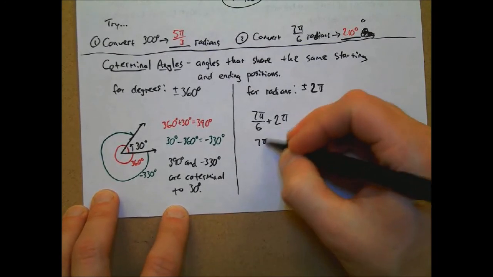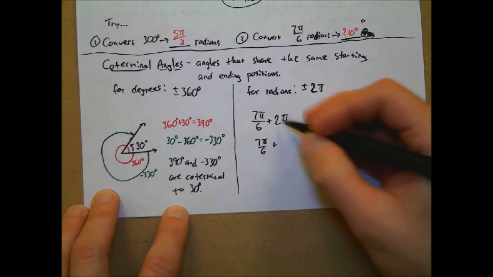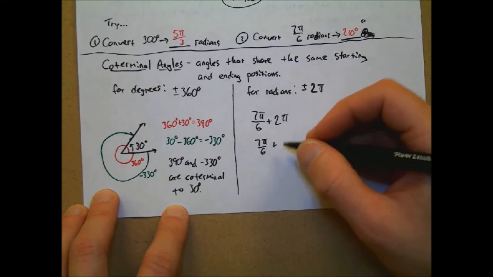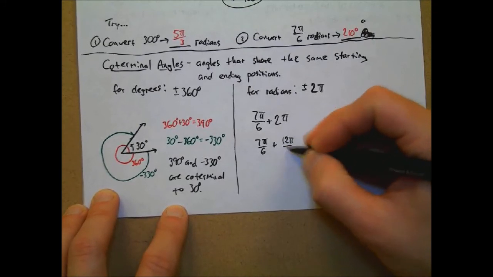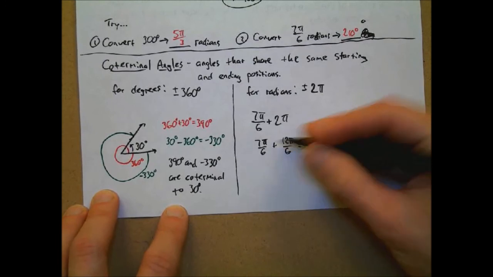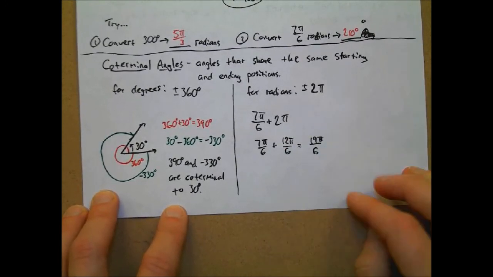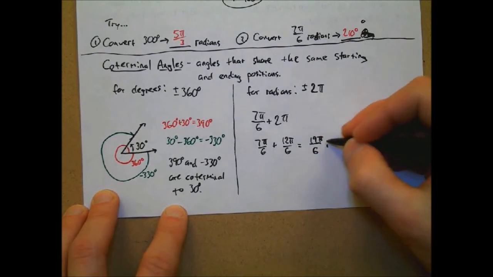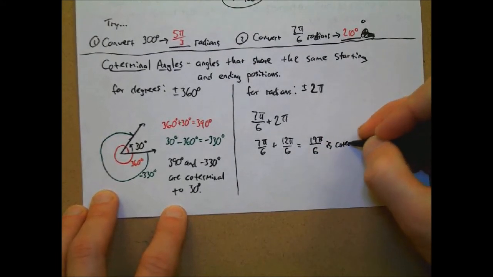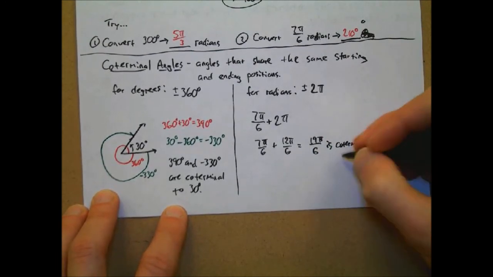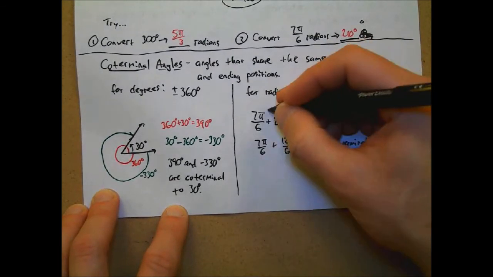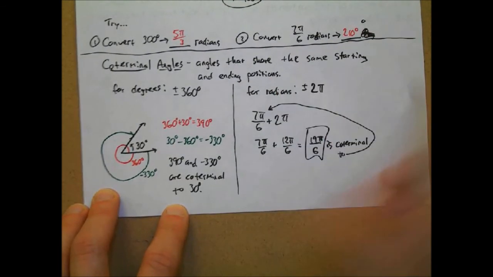So we'll keep that 7 pi over 6, and 2 pi becomes what in sixths? 12 pi over 6, yeah. And so then we have 7 plus 12 is 19 pi over 6, which is coterminal to 7 pi over 6. Okay.